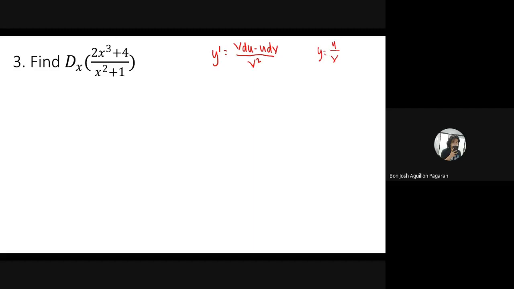Pwede nang i-simplify yung denominator na x squared plus 1 quantity squared. Wag na. Kasi baka tumagal. Wala rin naman kayo makakancel dyan eh.